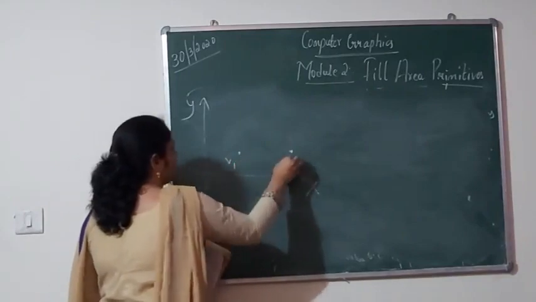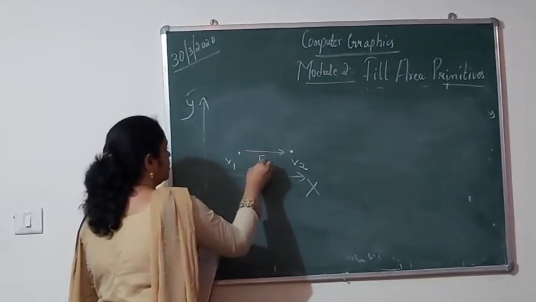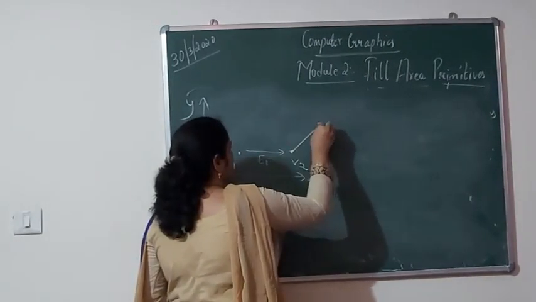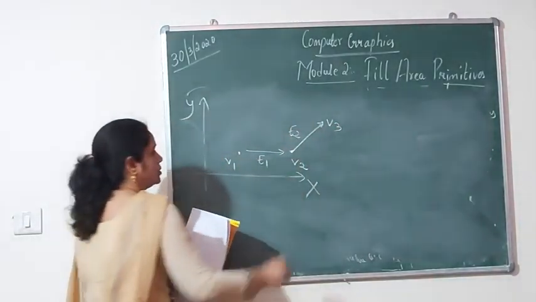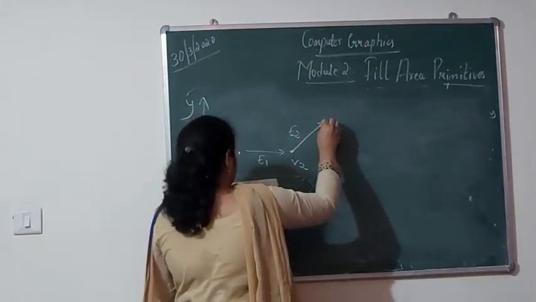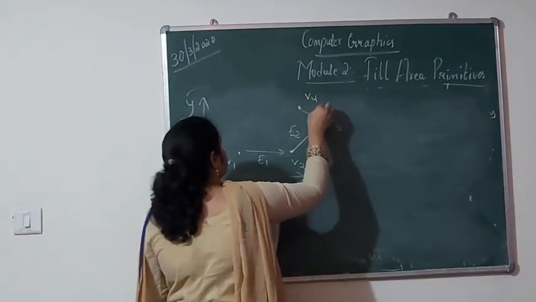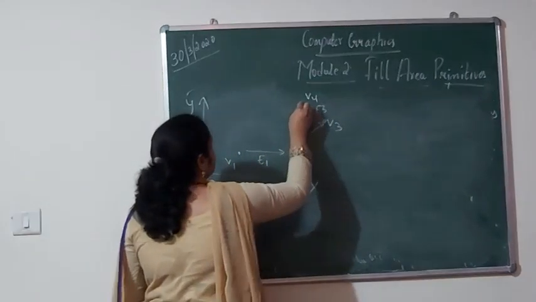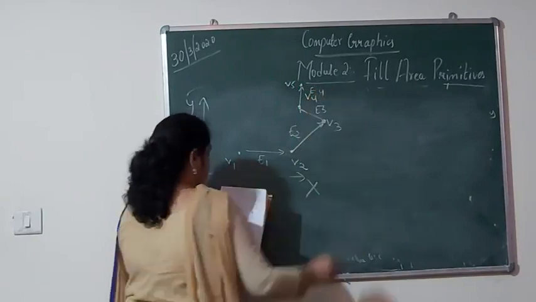Here I have vertex 1, vertex 2. This is my edge 1. Again from vertex 2 to vertex 3, I have edge 2. Again vertex 3 to vertex 4, I have edge 3. Again vertex 4 to vertex 5, I have an edge. This is my E4.